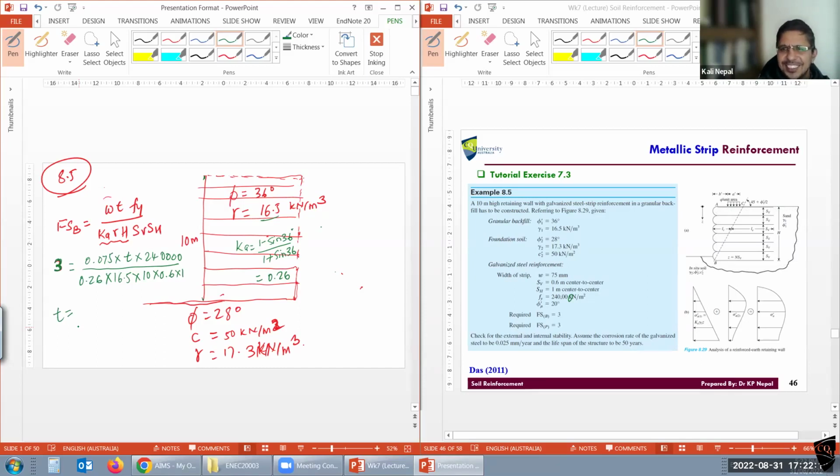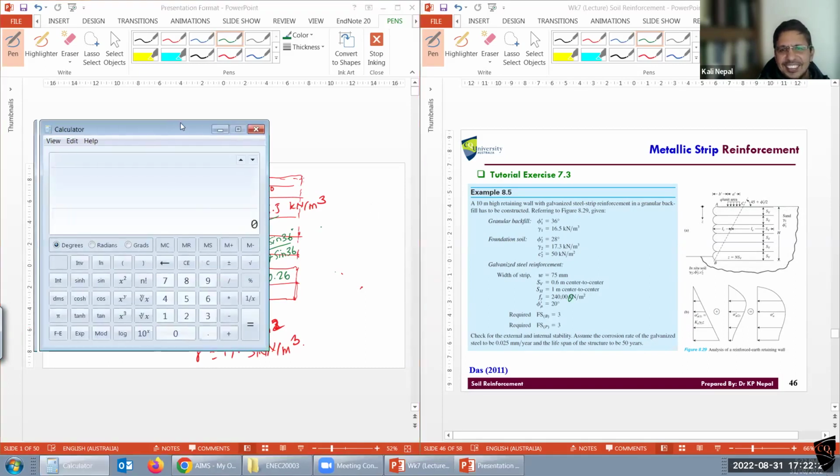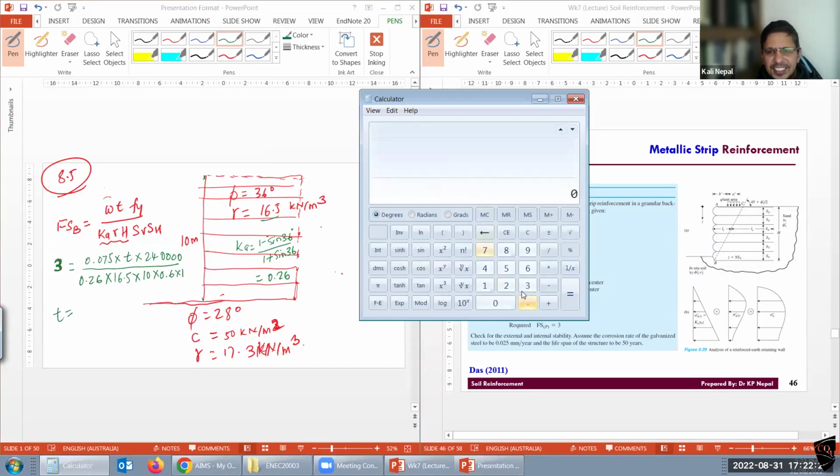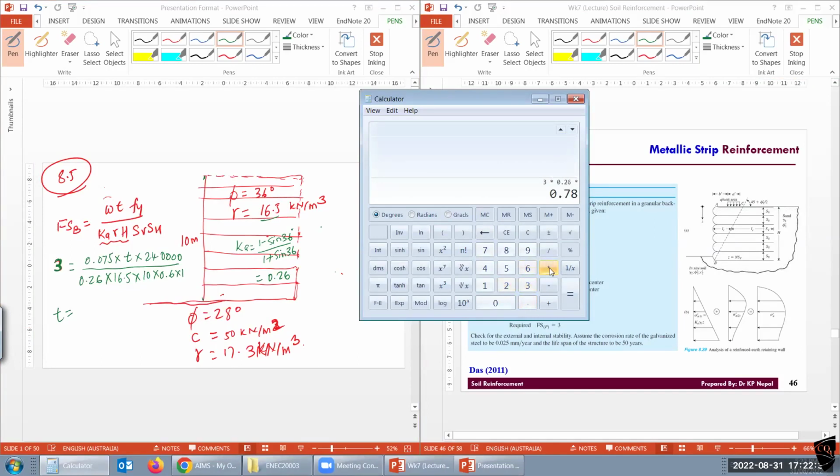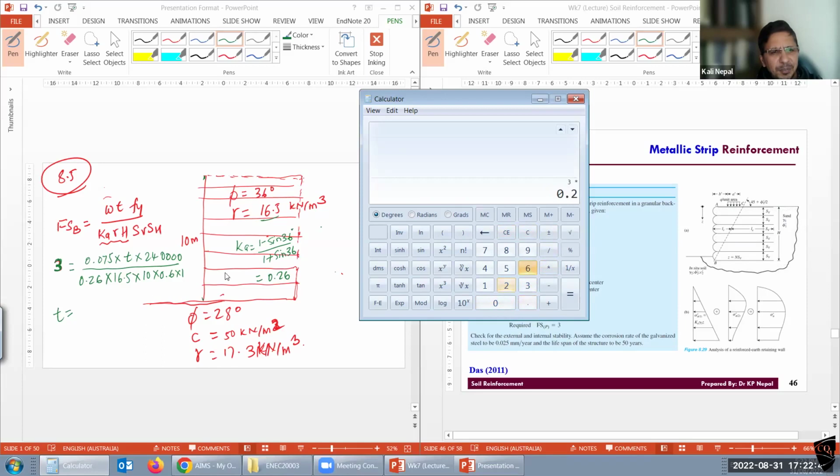How much you got? So 3 times 0.26 times 0.075 into alpha x. Let me do that. So 0.33 times 0.26. I just multiply the bottom all, right?